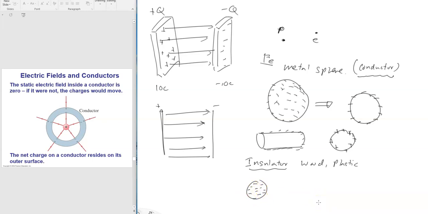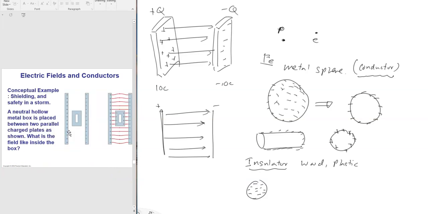So in an insulator, you can place charges on the surface, inside, wherever you want. So that's the main difference between conductors and insulators. In conductors, you can't have charges inside. They all come to the outer surface to get the maximum possible distance between them. In insulators, you can place them wherever you want. Alright? Okay, let's move on.